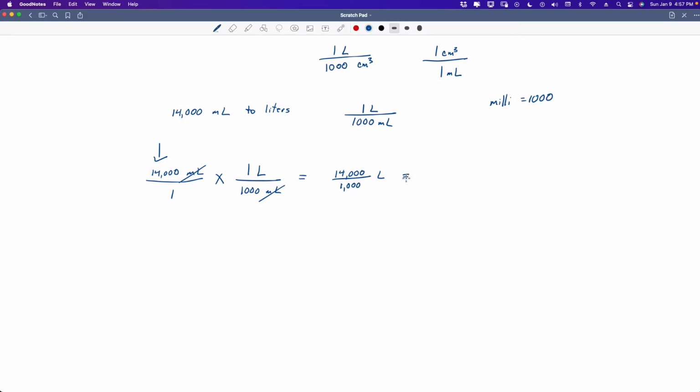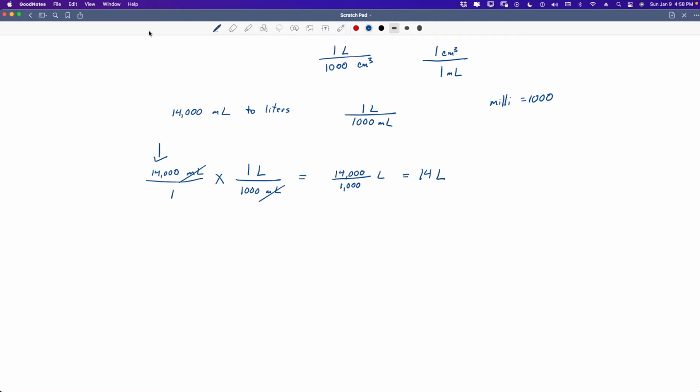Obviously, go ahead and reduce it. That's 14 liters. Because the zeros cancel, 14 over 1 is 14. So our answer is going to be 14 liters. When it's that easy to reduce, go ahead and reduce it. If your fraction is reducible and divisible, go ahead and do the division.